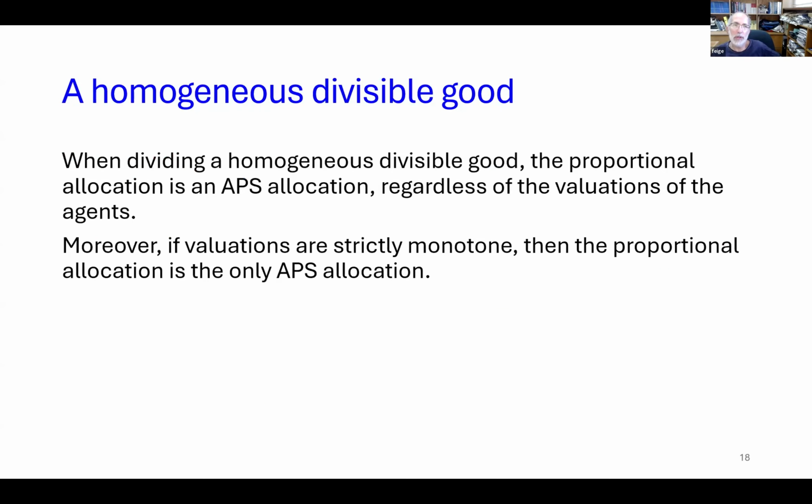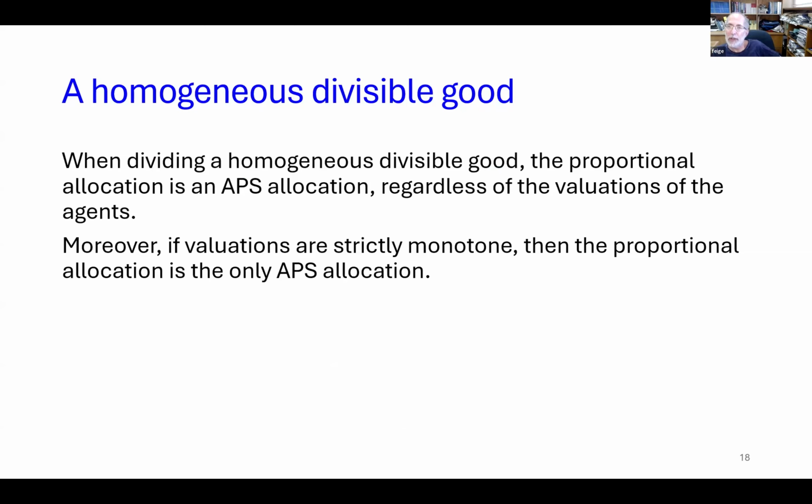So indeed, what we see is when we divide the homogeneous divisible good, the proportional allocation is an APS allocation. And it doesn't matter what the valuations of the agents are. And if the valuations are strictly monotone, then the proportional allocation, in fact, is the only APS allocation.